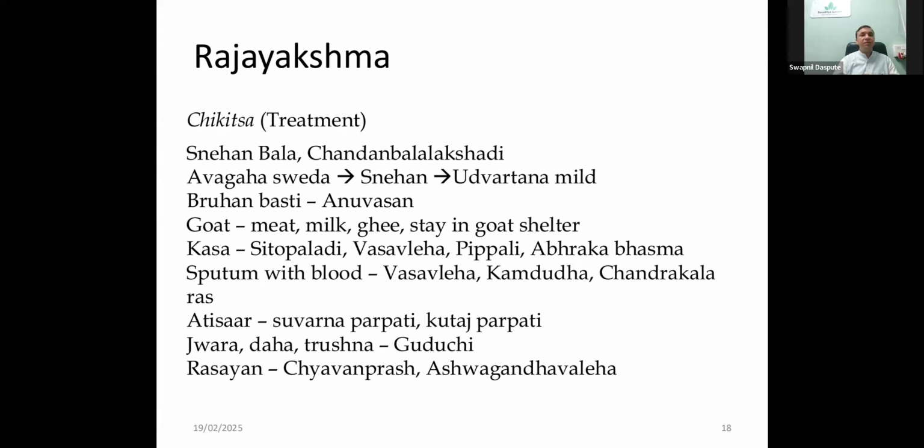For Atisara treatment, Suvarna Parpati and Kutaja Parpati preparations can be used. To treat Jwara, Daha, Trushna and Pitta symptoms, Guduchi, Tinospora cordifolia, is the drug of choice.